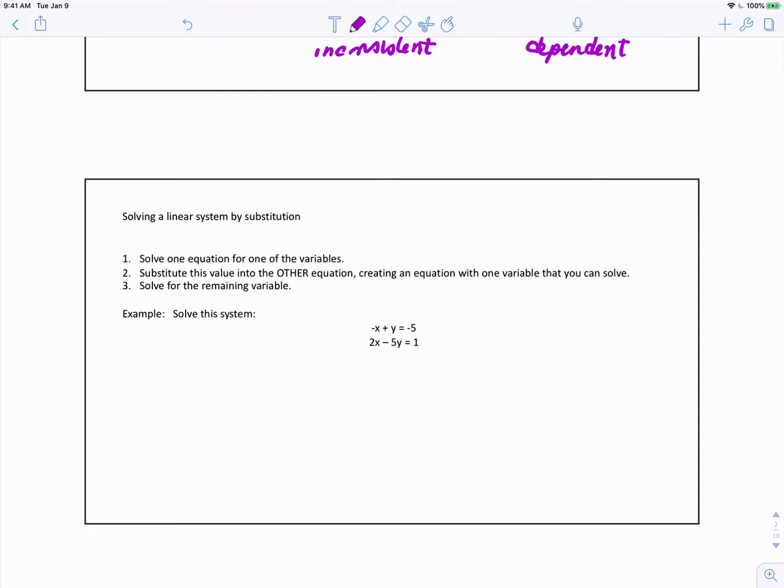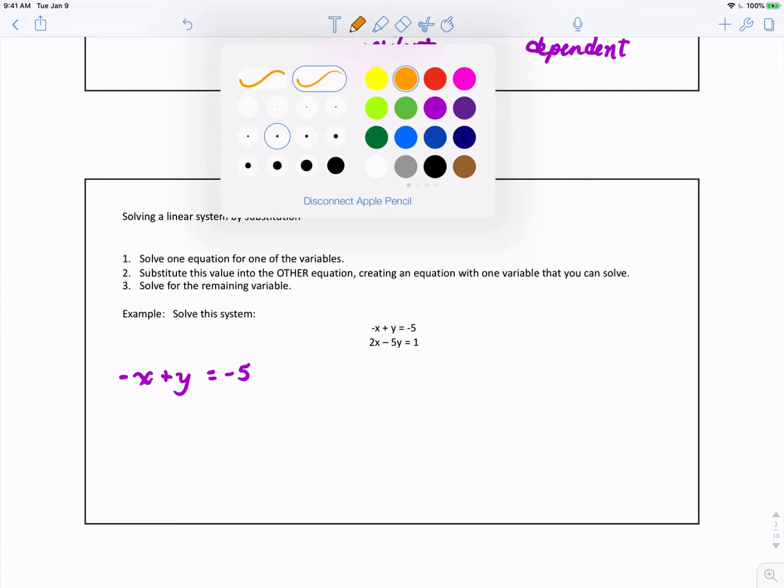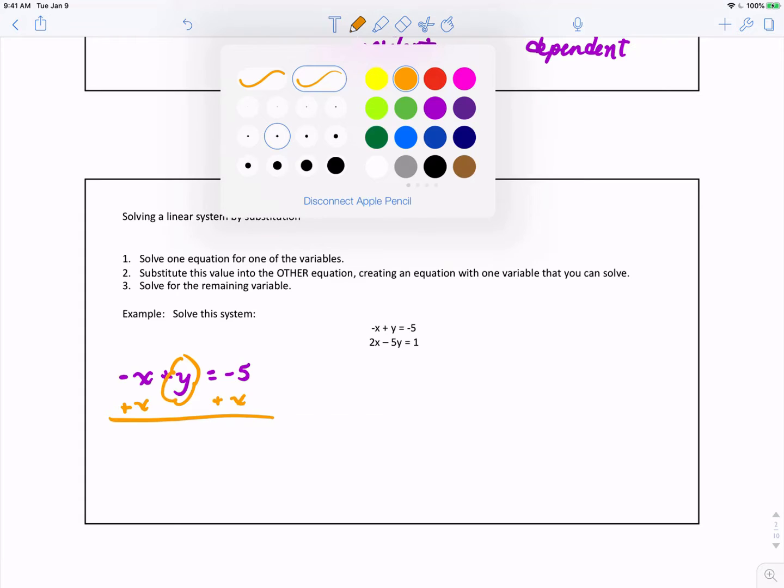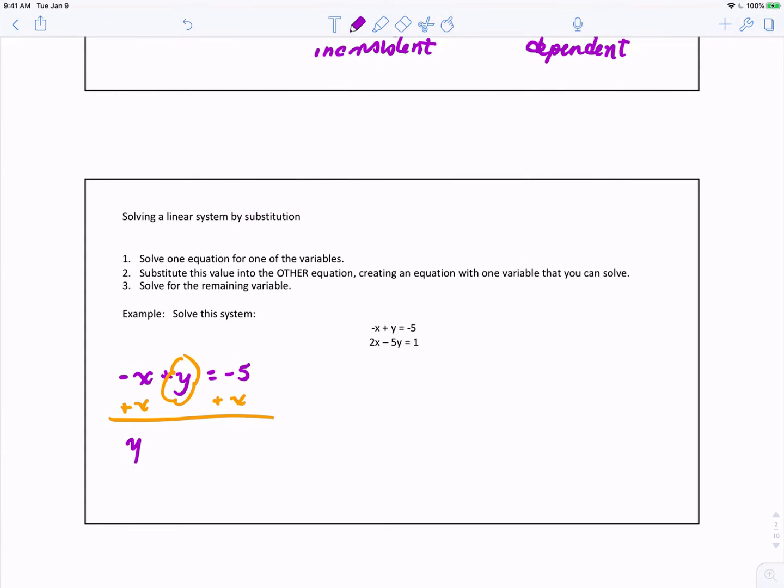The first step is we have to solve one equation for one of the variables. I'm going to take this first equation, negative x plus y is equal to negative 5, and solve it for y, meaning I'm going to get y by itself. That means I'm going to add x to each side, and that will tell me that y is equal to x minus 5.